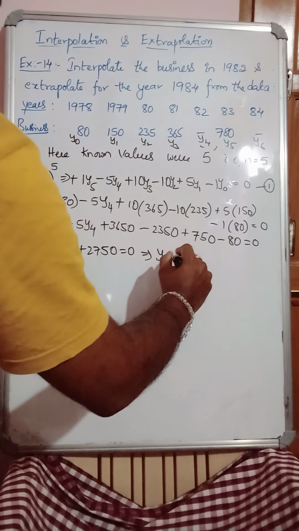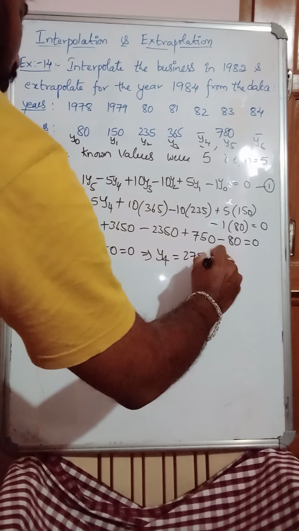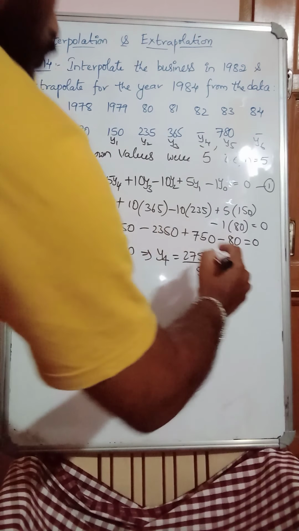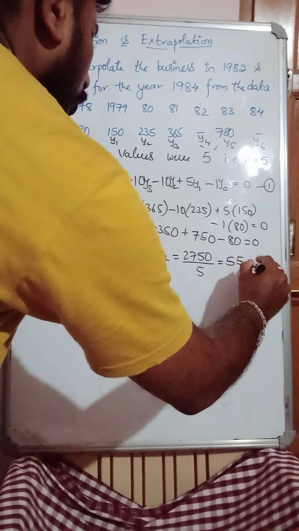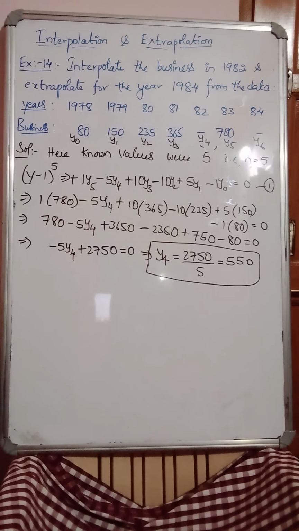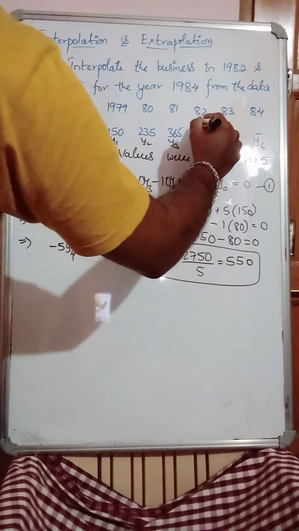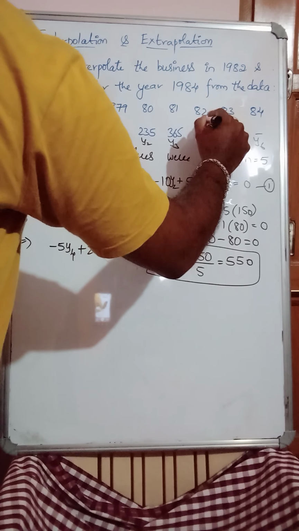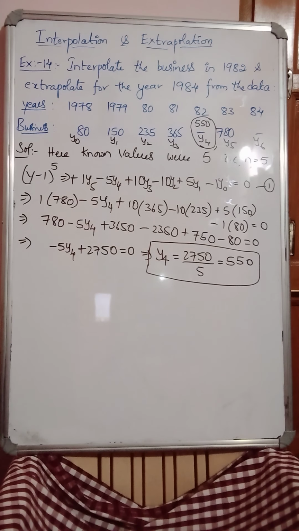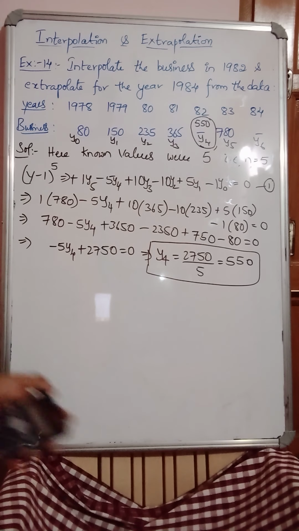Therefore y4 equals to 2750 divided by 5. 2750 divided by 5, how much? 550. Interpolating the value, what it is now? 550. We have interpolated the missing term 550.